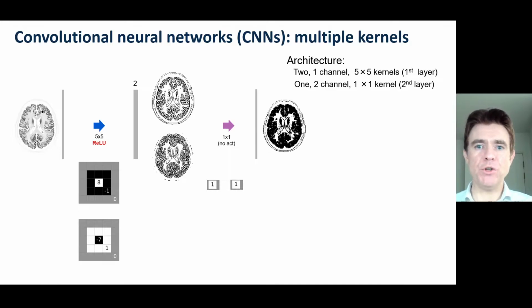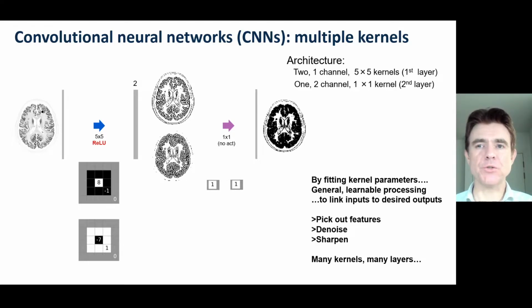Of course, what we can do in general is tune those kernels to deliver an endpoint output that matches whatever our desired high quality reference might be. And so that's what I'm emphasizing here by fitting kernel parameters. So here it would be these 5x5 kernels, just 2 of them. And then even we could modify the weighting factors in this 2-channel 1x1 kernel.